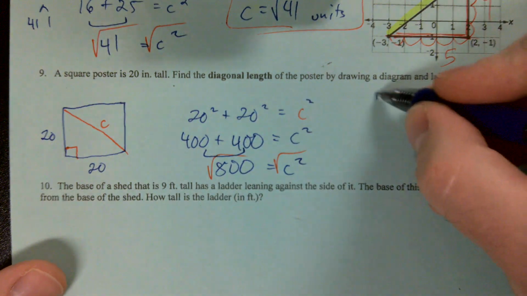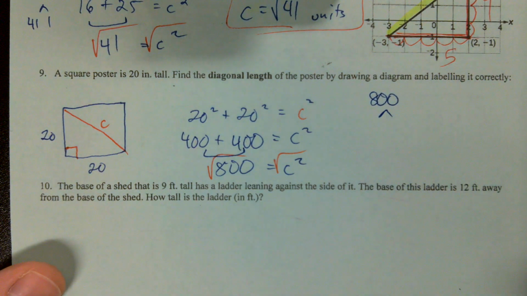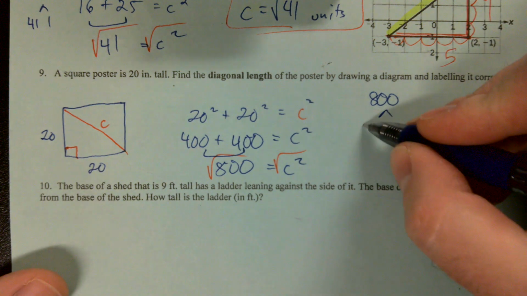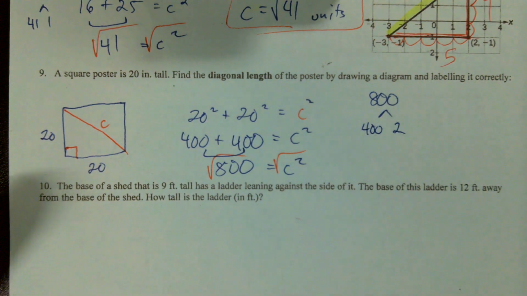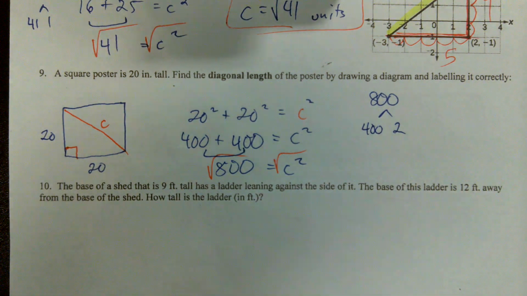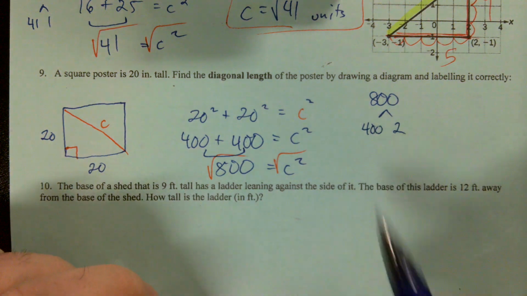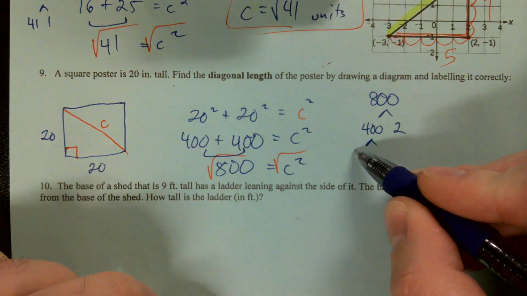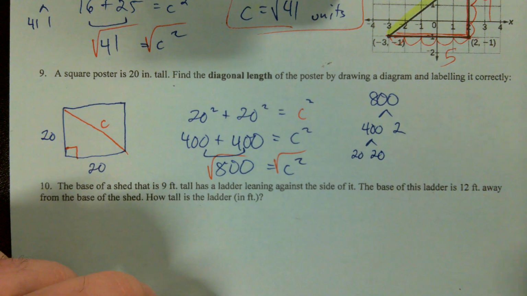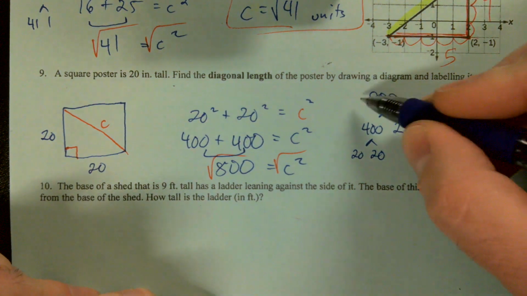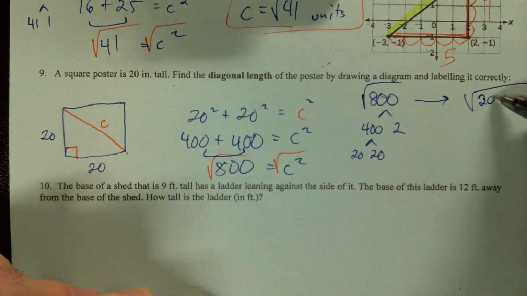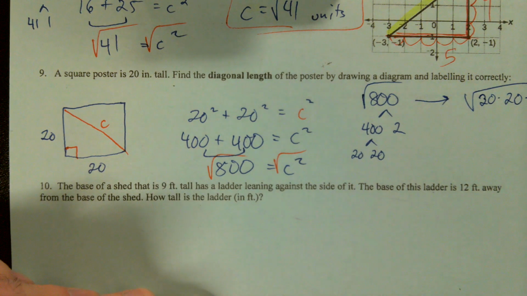Square root both sides. How can I break up 800? 400 times 2. You could do a whole bunch of different things, but I'm going to use my shortcut here. How can I break up 400? 20 times 20. So the root of 800 is 20 times 20 times 2.